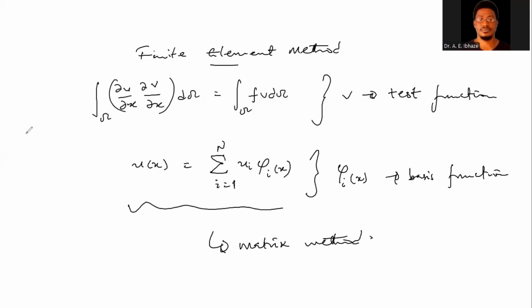And then another method we intend to consider is the finite volume method. What the finite volume method does is to conserve fluxes across control volumes.